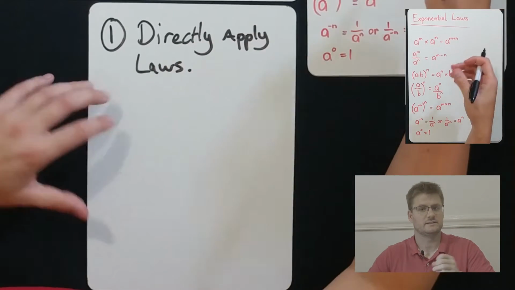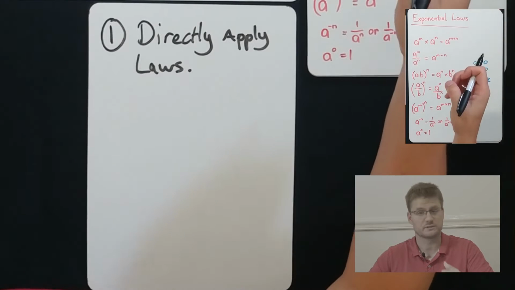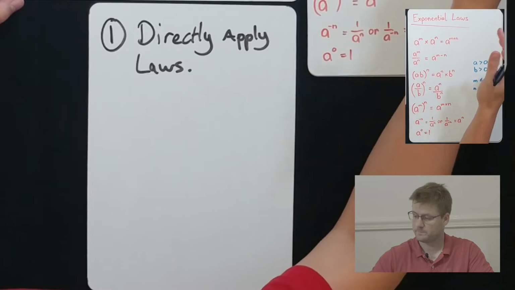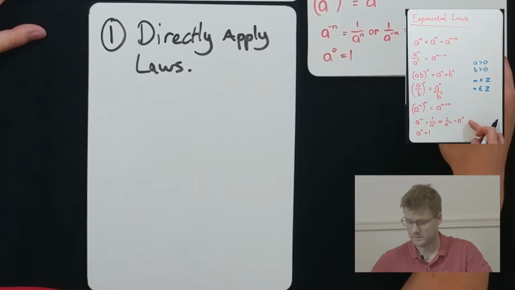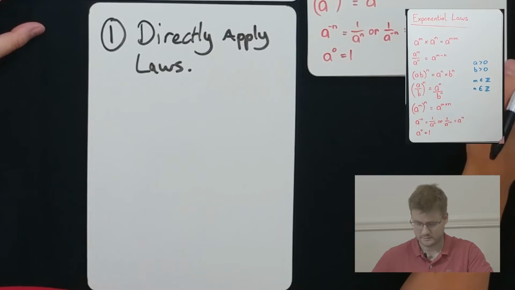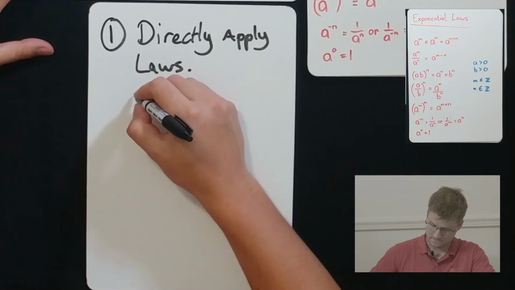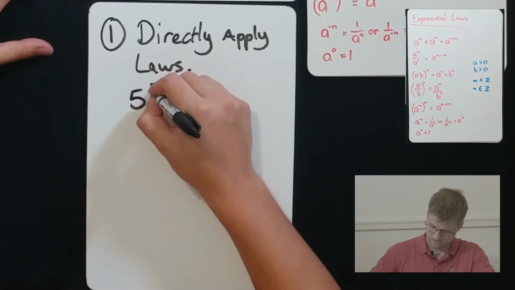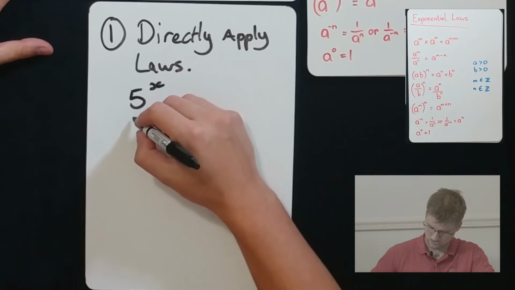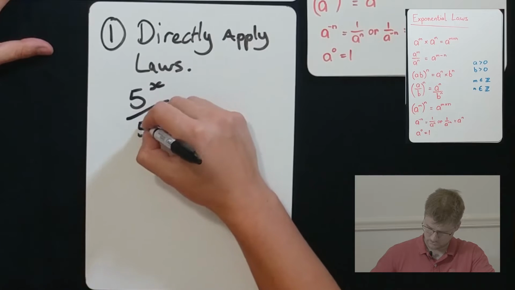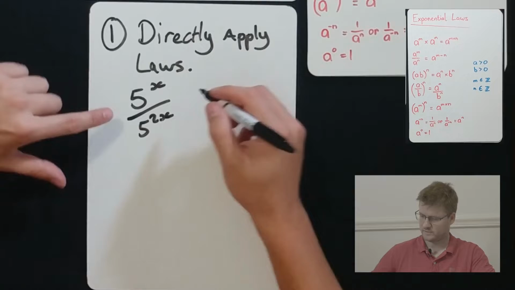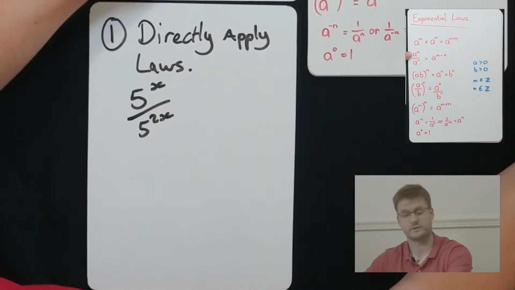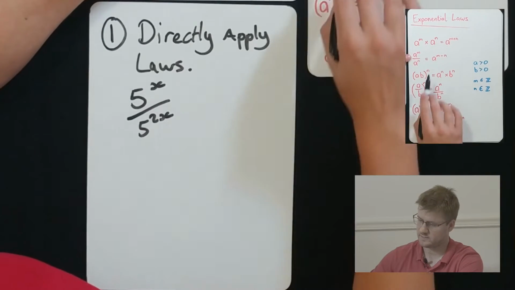So we may have a single standing value or expression with a single term, where these laws can just be directly applied to that term. Let's say, for example, we had something like this.